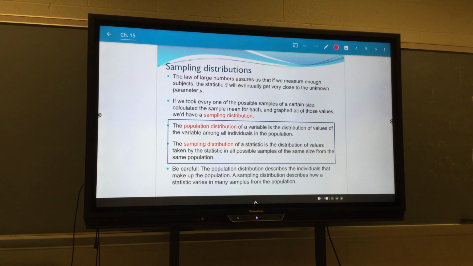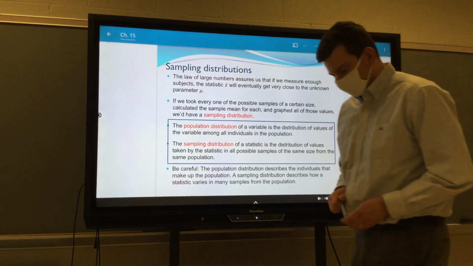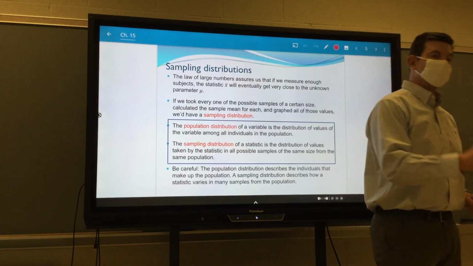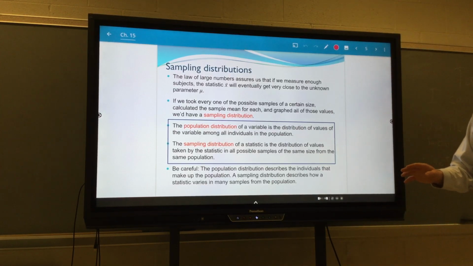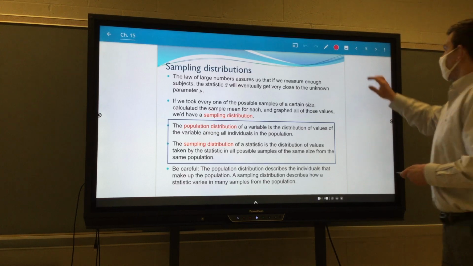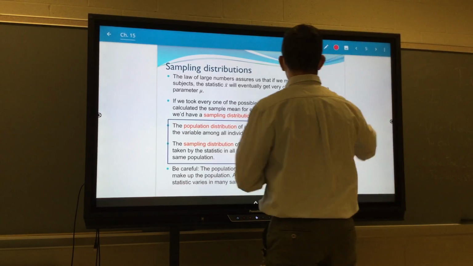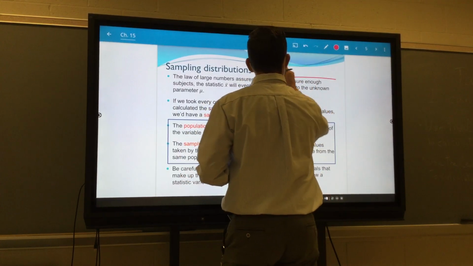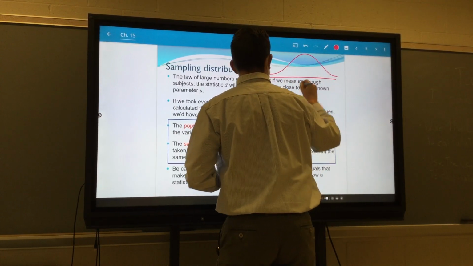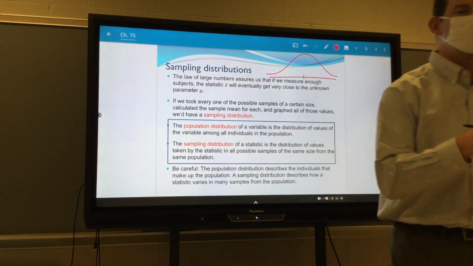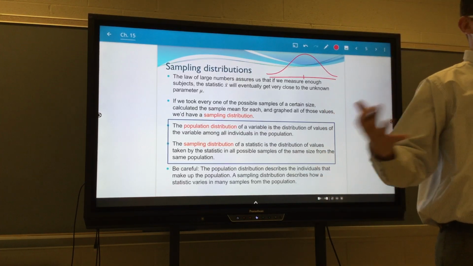Now, a sampling distribution differs from a population distribution. Back in September, October, I forget exactly when this was, we were looking at population distributions where you're comparing an individual to the rest of the population.